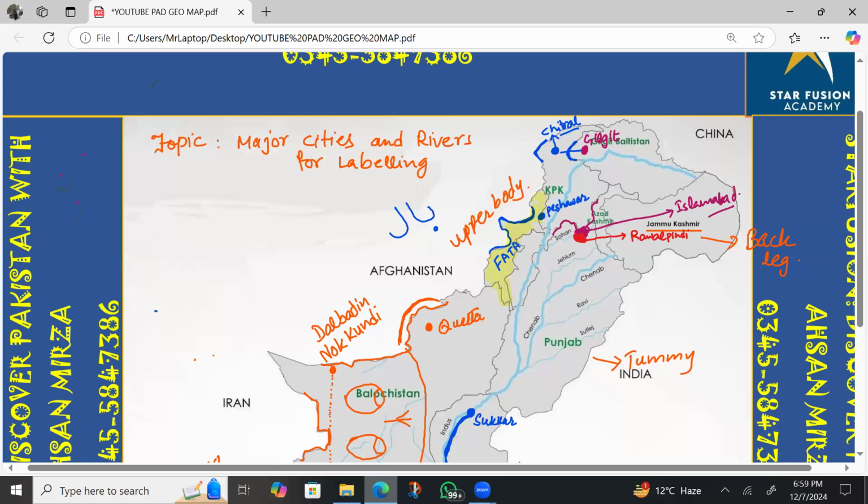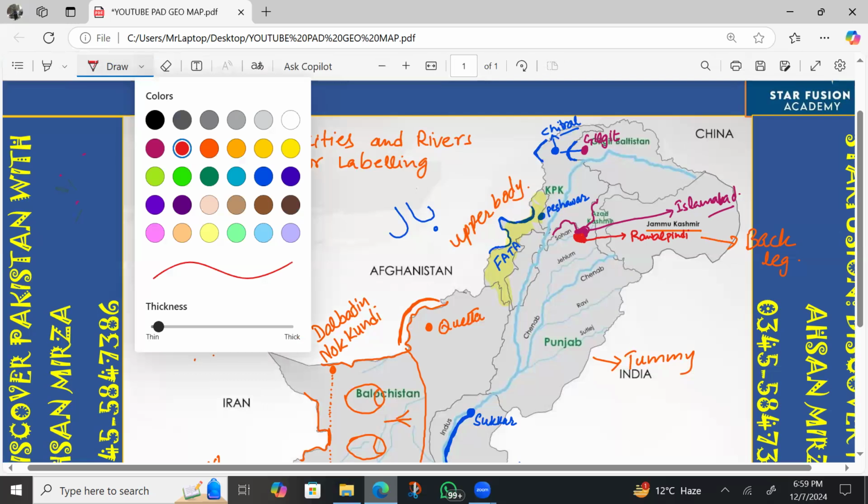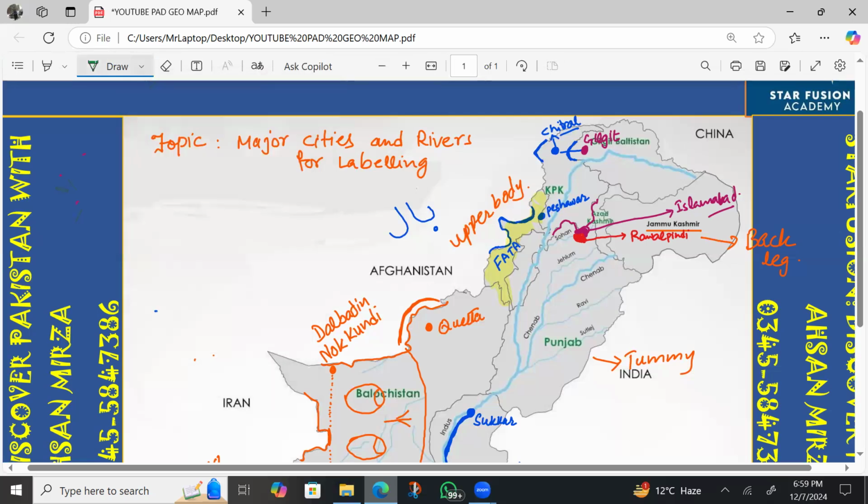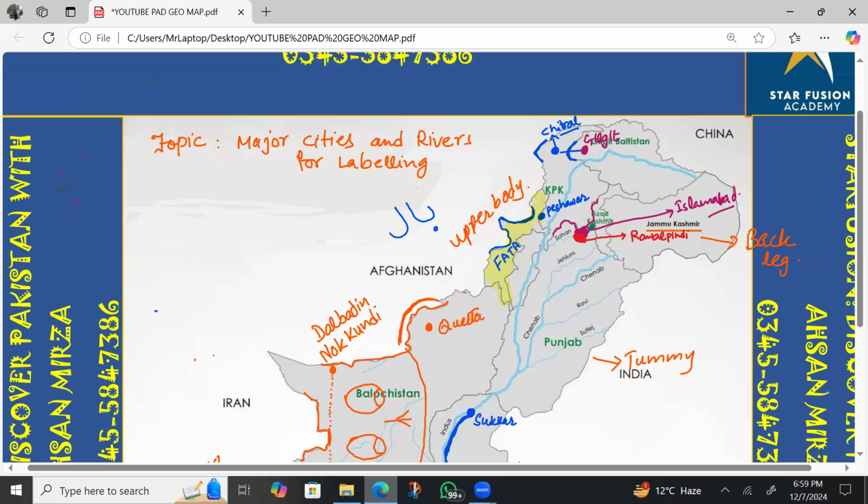Islamabad would be given separately, since it is not a provincial area and not an area of any province. Apart from that, on the top right corner of Islamabad, there is Murree. Murree is the city of Punjab.